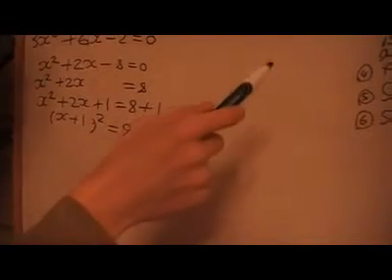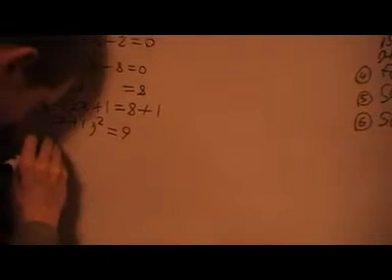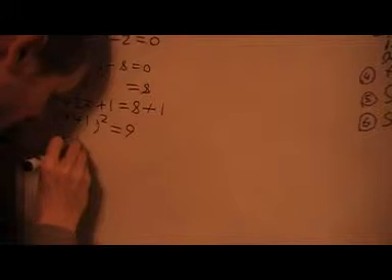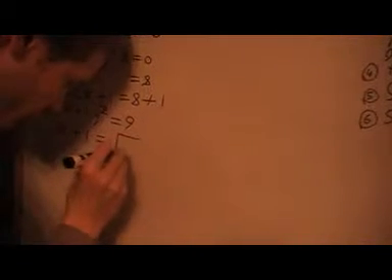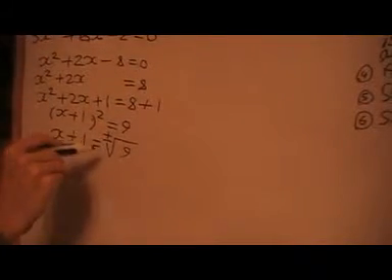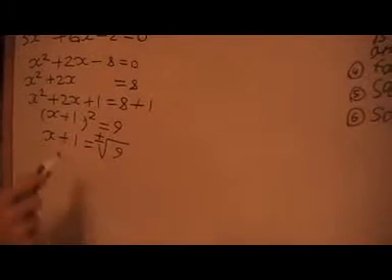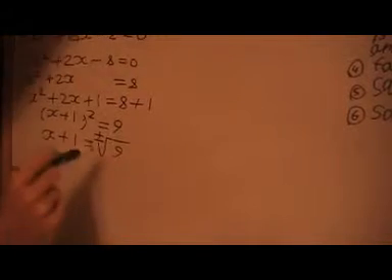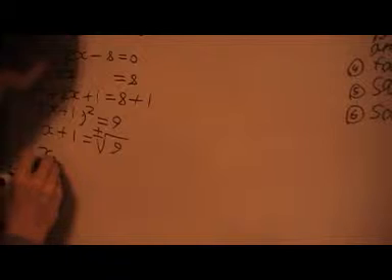And then the next step is to get rid of the square with square root both sides. So I get x plus 1. We're going to get 2 roots here. So to show that, I put plus or minus in front of the square root, because if you don't put that, we'll assume it's the plus root.